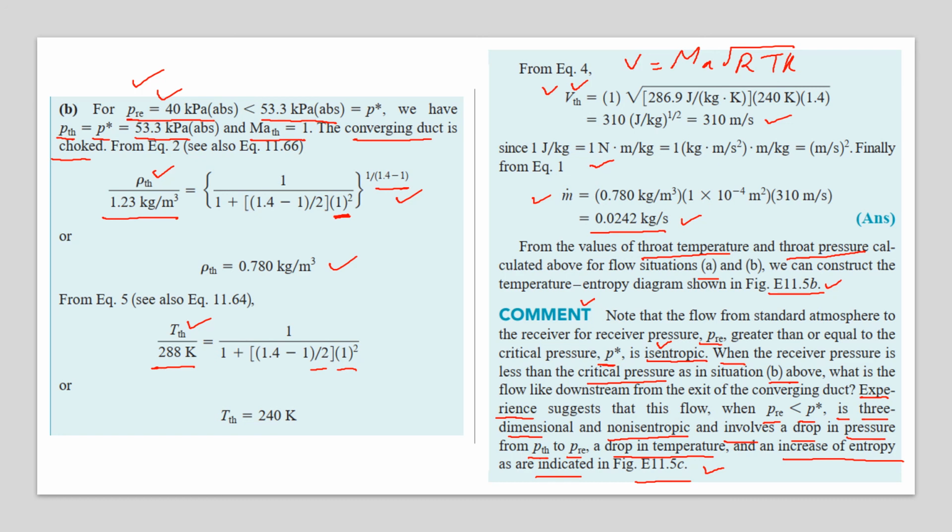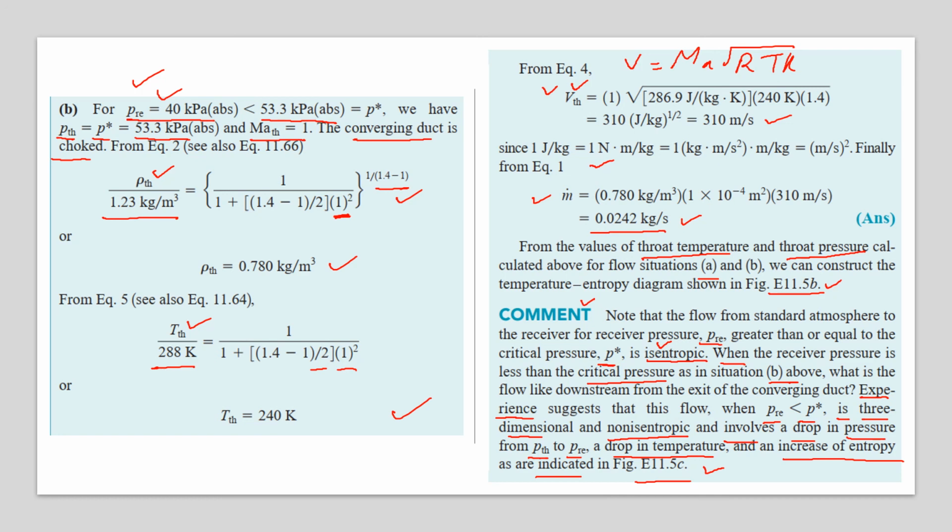You can go through that figure. So what they are saying is if the receiver pressure is less than the critical pressure, the flow downstream will be non-isentropic. It will be three-dimensional, and there will be a drop in pressure as well as an increase in entropy. So this was your example.